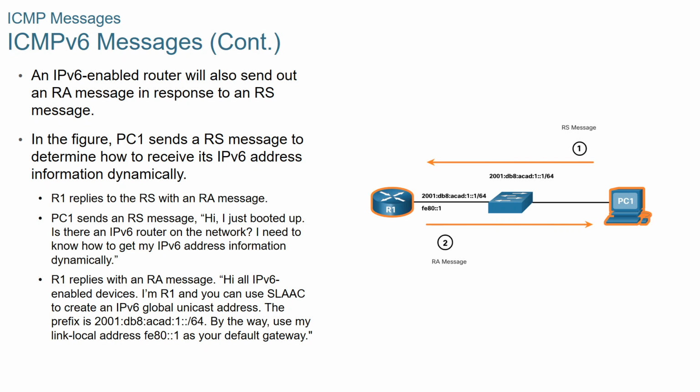Prefix is 2001:DB8:ACAD:1::/64. By the way, use my link-local address of FE80::1 as your default gateway for this particular network. So this is the information that comes back in the router advertisement.